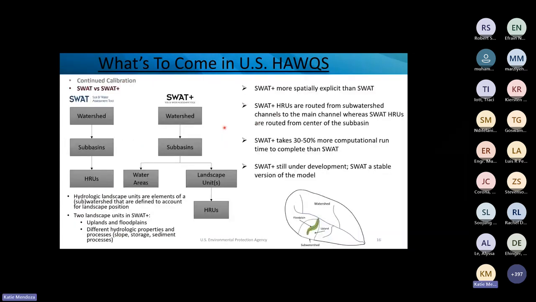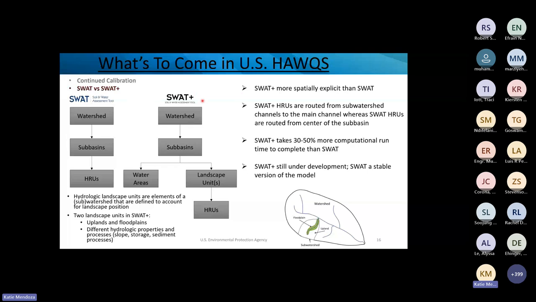Another option that we are discussing for HAWQS is whether to continue using the stable SWAT 2012 version or transition into SWAT Plus. I just wanted to give you some highlights of the differences between the two. Within the SWAT model, you have your watershed, which is then separated into subbasins, and your subbasins are then separated into HRUs.